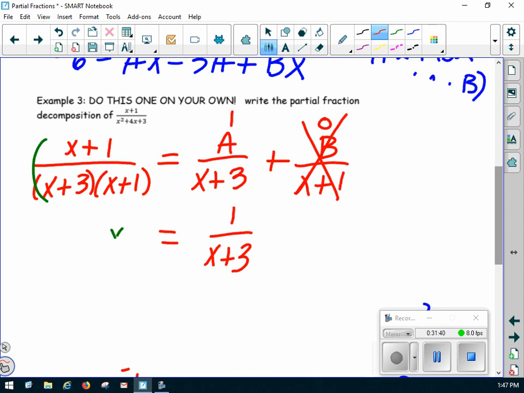Look right here. Isn't that just 1 over x plus 3? Oh, yeah. If that happens, we can solve it. Of course.